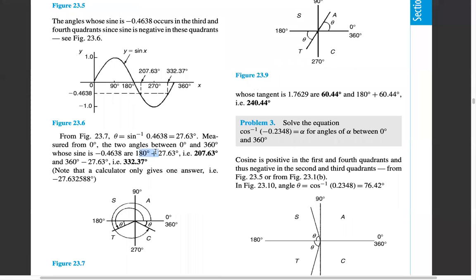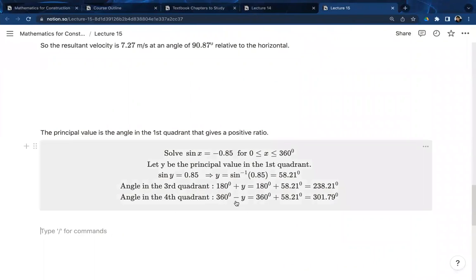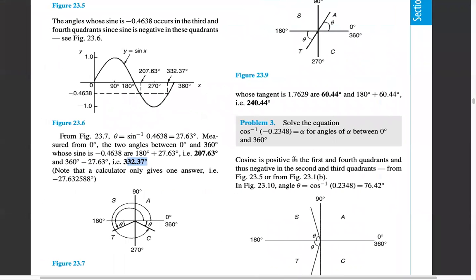That's what we did here. Sine being a negative value, for a question like this where you want positive answers between 0 and 360, that's a third and fourth quadrant answer. That's what they give you here.